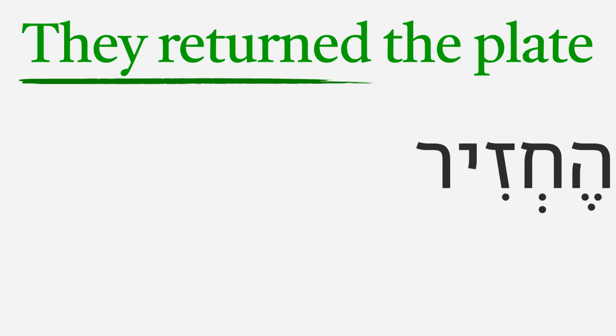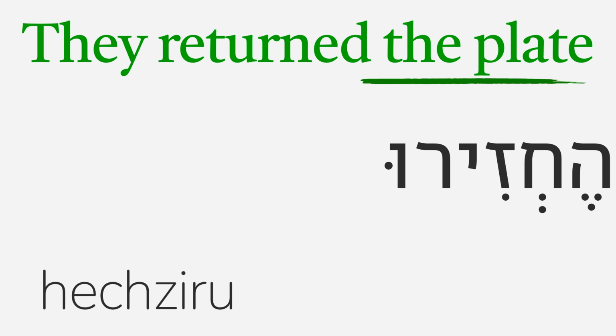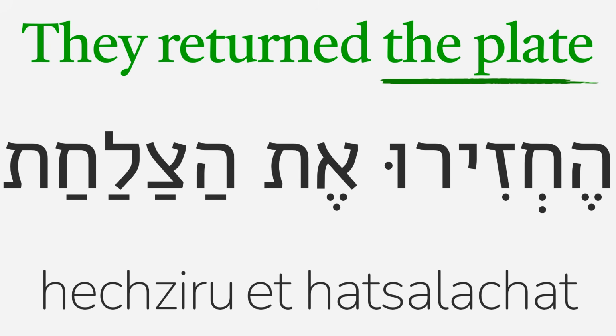I'll go with chekzir. To make the they form of the past tense, we just add u to this he form. Chekziru, they returned. The plate, as the definite direct object of the verb, is et hatzalachat. Chekziru et hatzalachat. They returned the plate.